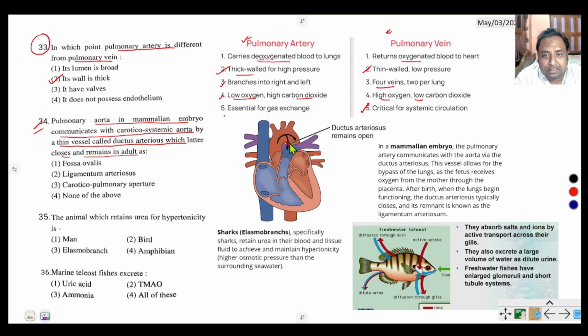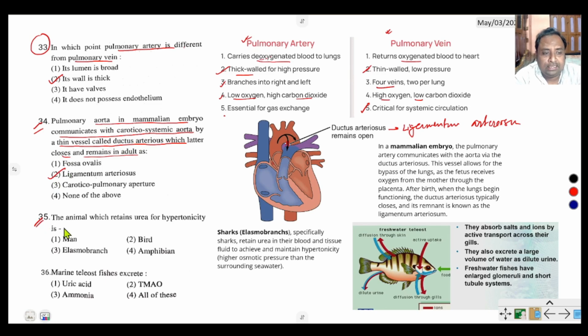But after childbirth, this ductus arteriosus is converted to ligamentum arteriosum. The correct option is 2.